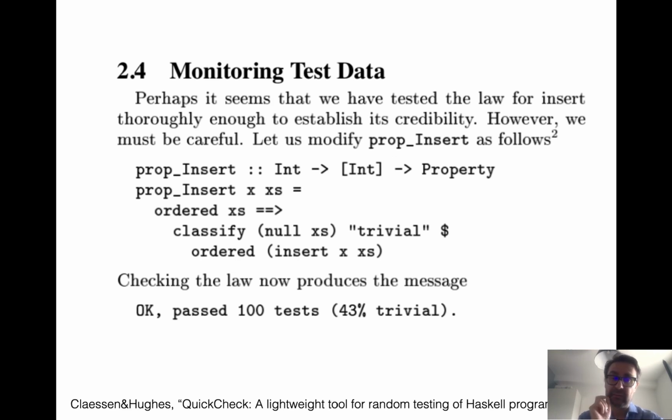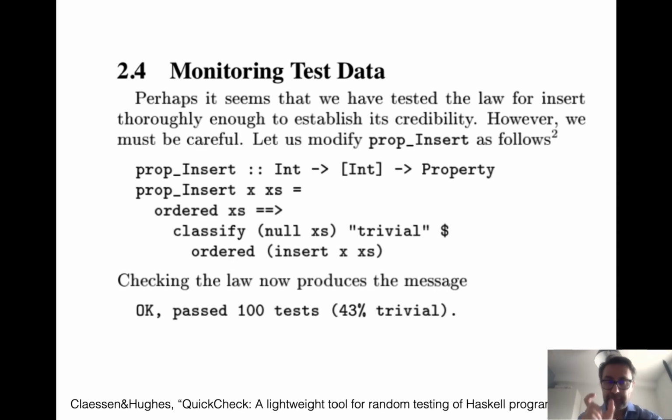It still takes one integer, one array of integers, and then it checks if the array is ordered. Then the classify will check by checking null, and null is the length 0, right? Because an array of length 0 is ordered by definition.